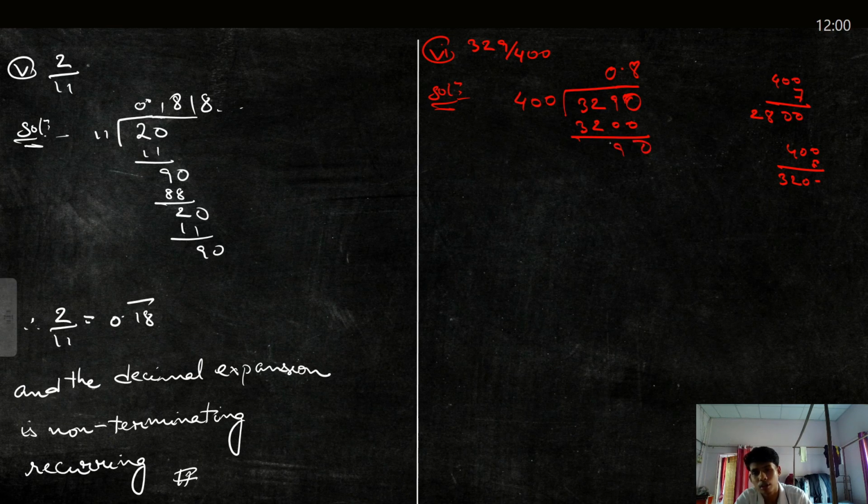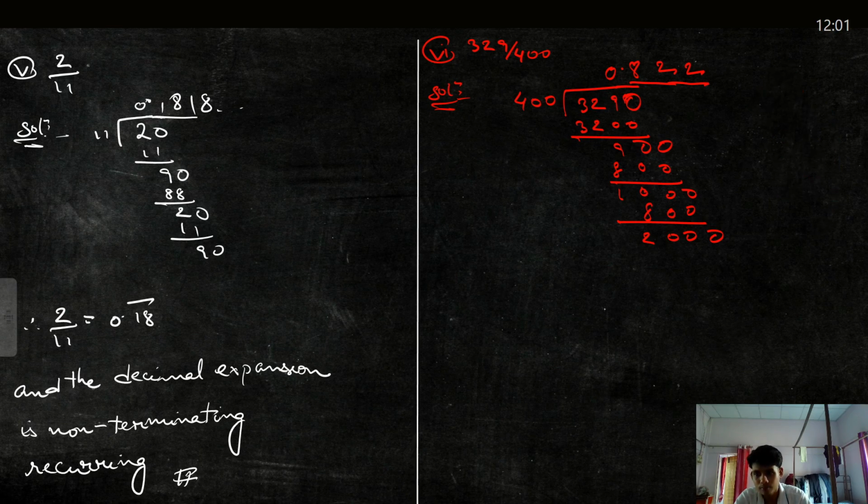3290 minus 3200 gives 90, it becomes 900. 400 times 2 is 800. Now it becomes 1000. Again 2 times 400 is 800, it becomes 2000. 400 times 5 is 2000, 5 4s are 20.